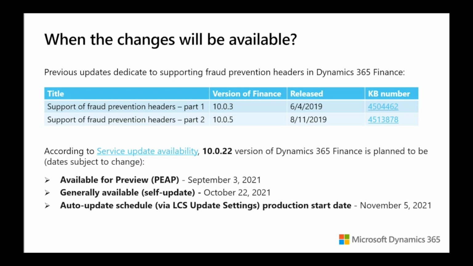On 23rd of October, version 10.022 will be generally available for upgrade of production environments. Before that, at the end of September, this version will become available for sandbox environments, and it will be possible to try this feature update on your sandboxes.